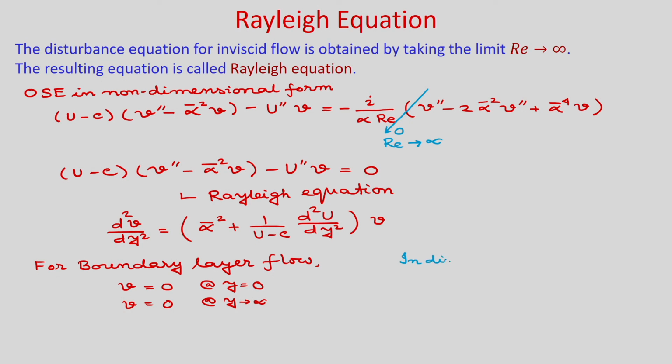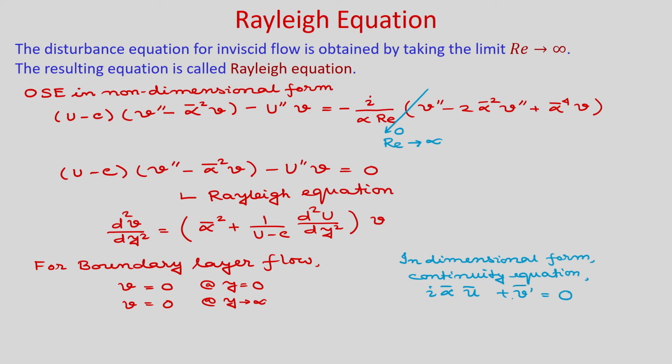Let us write down the continuity equation in dimensional form. The continuity equation is i alpha bar u bar plus v prime bar is equal to 0.